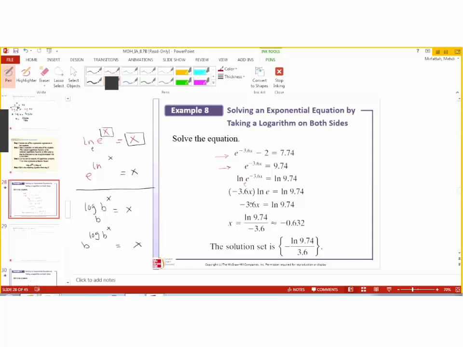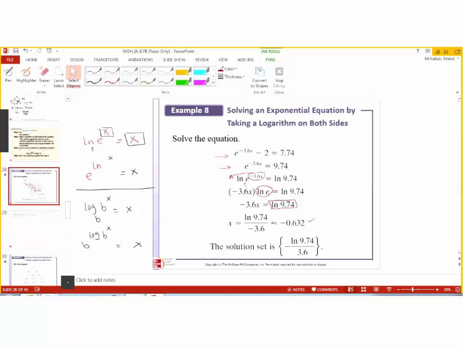So this whole thing is equal to, you can move all this stuff right in front of the exponent, and then this will be just 1, and then x would be equal to natural log of this number over minus 3.6. Then you have to use a calculator to evaluate this.